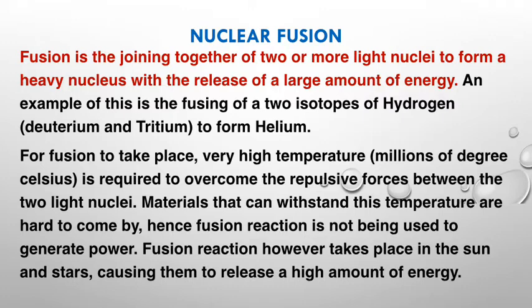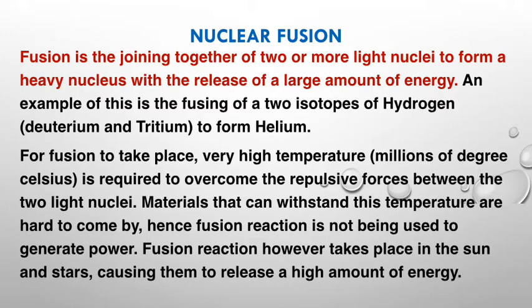Those are isotopes of hydrogen forming helium. If you do not know what isotopes are, please see the video on atomic physics. For fusion to take place, very high temperature is required because the repulsive forces between nuclei coming together are quite heavy.